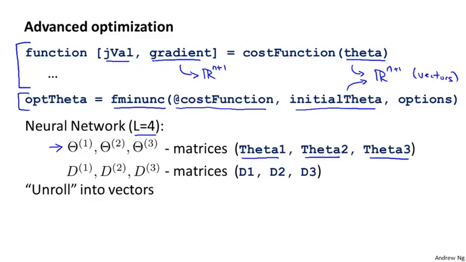And similarly, these gradient terms that we're expected to return, well, in the previous video we showed how to compute these gradient matrices, which were capital D1, capital D2, capital D3, which we might represent in Octave as matrices D1, D2, D3. In this video, I want to quickly tell you about the idea of how to take these matrices and unroll them into vectors so that they end up being in a format suitable for passing in as theta here or for getting out for a gradient there.